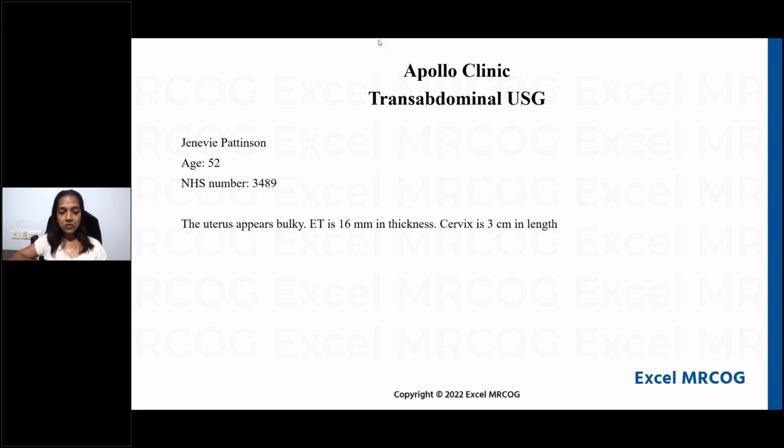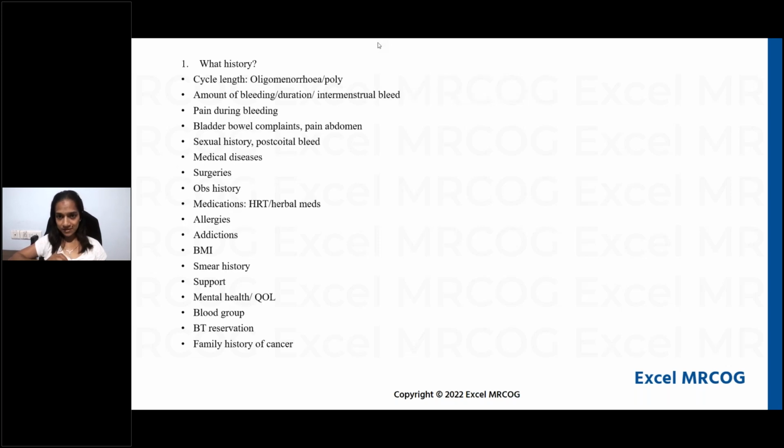Okay, so now as far as the history is concerned, the points that you need to mention in history would be, basically, first you need to know she has heavy menstrual bleeding. So you need to know what is the length of the cycle. Why is this important? Because she is close to the menopause. Remember, she's a 52-year-old lady.